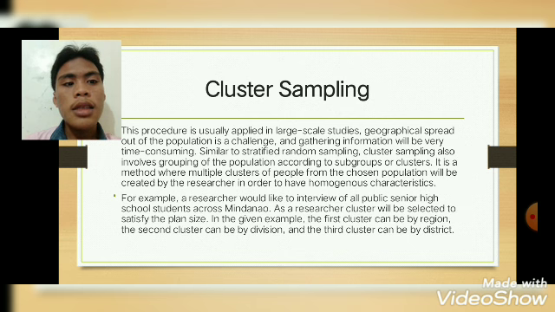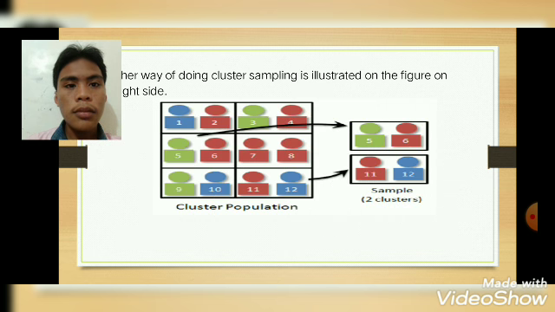In the given example, the first cluster can be by region, the second cluster can be by division, and the third cluster can be by district. Next, the process of doing cluster sampling is illustrated in the figure on the right side.